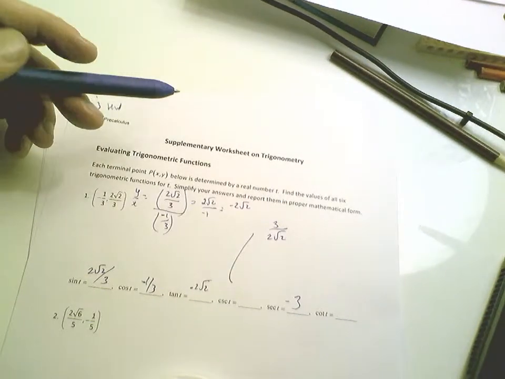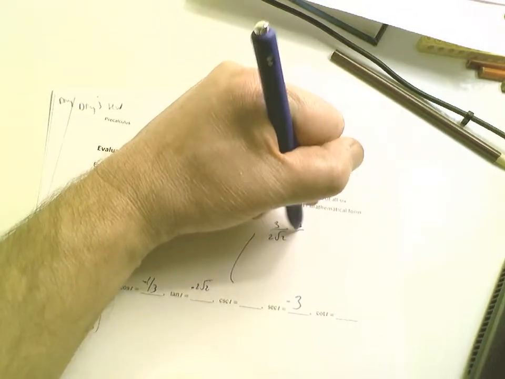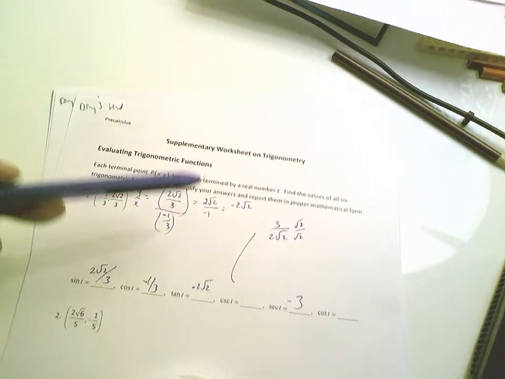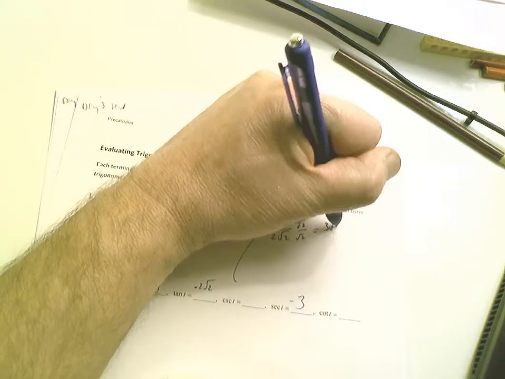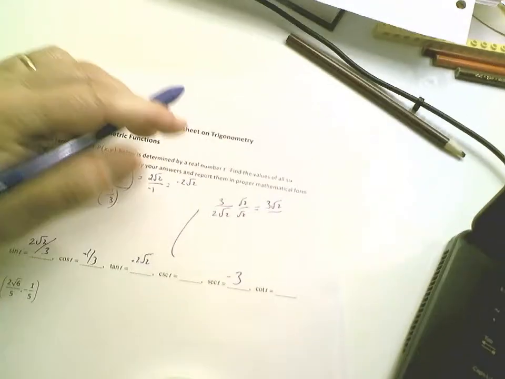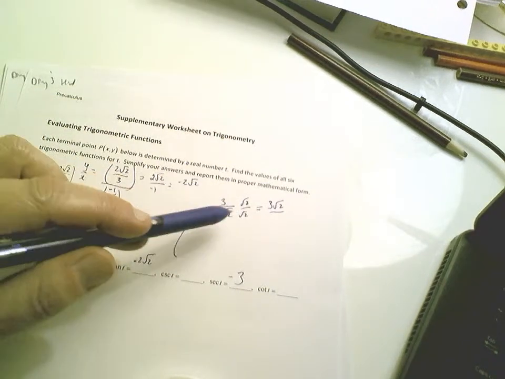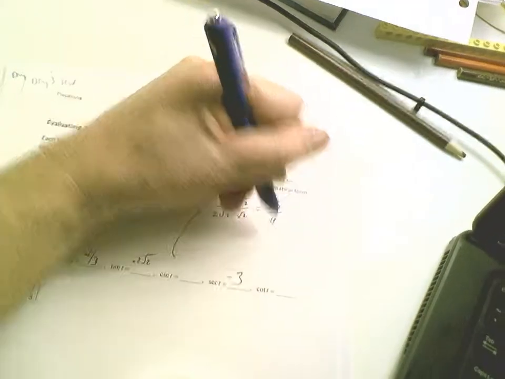We need to rationalize, multiplying by √2 over √2. What will happen to us? 3√2 up top, and 2 times √2 times √2. The two √2's become another 2. 2 times 2 is 4.